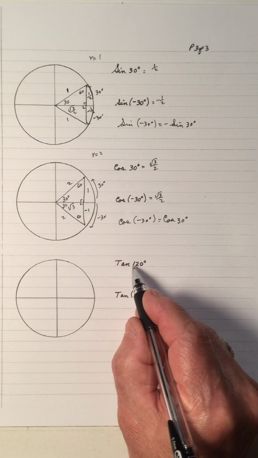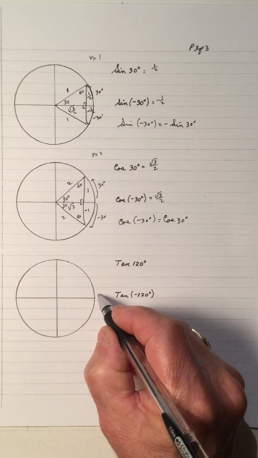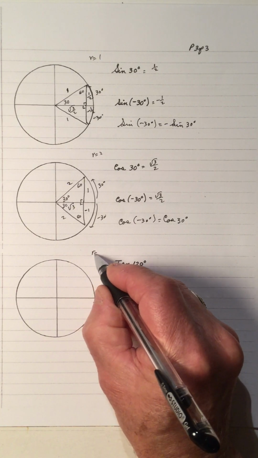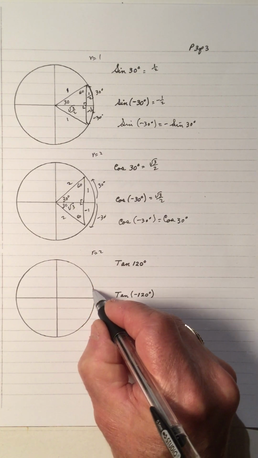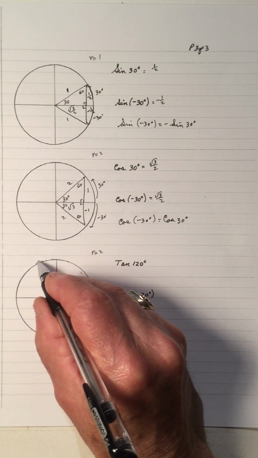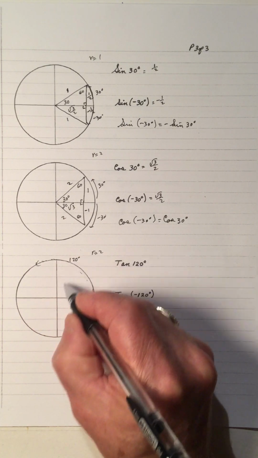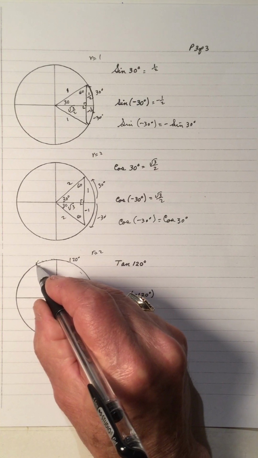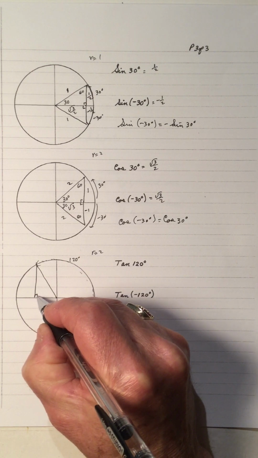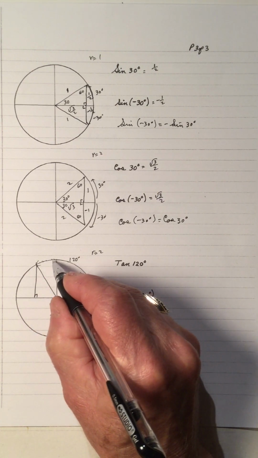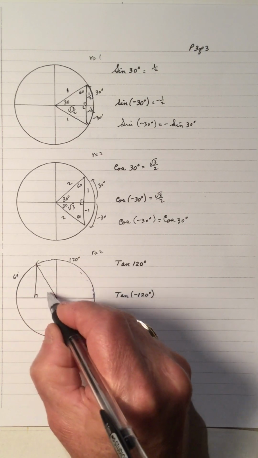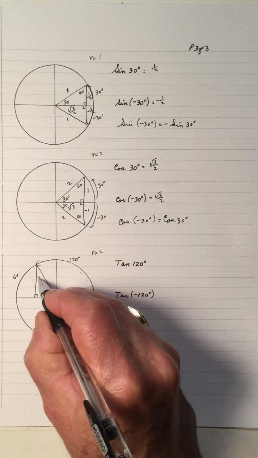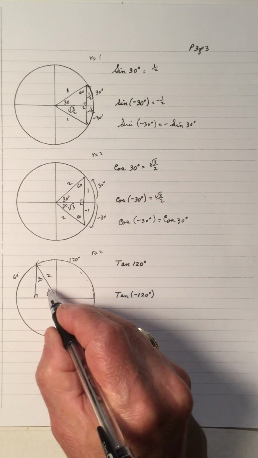So let's do the tan of 120, and we're going to use the radius to be 2. So there's the 120 rotation, and there's the terminal arm. Drop a perpendicular. That's a 120-degree rotation. This angle here is 60, this is 30, and the hypotenuse is 2.